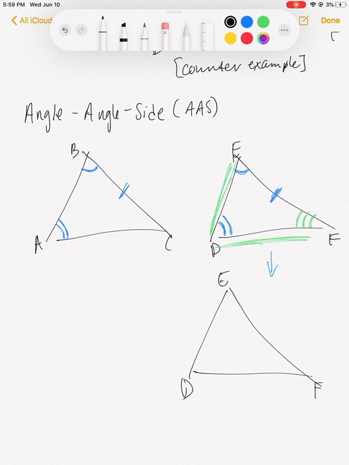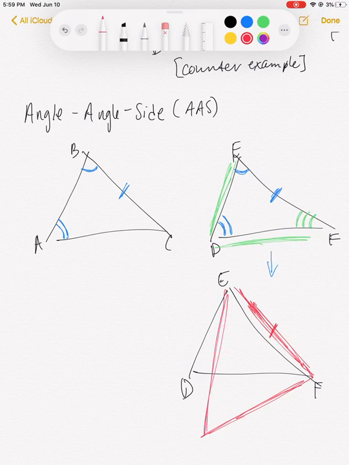So here's our DEF triangle. We can open up F. EF is going to stay the same. Let's open up F to make it longer. DF can be any size, so we can open up as big as we want. And DE can be any size, so that's okay to do.